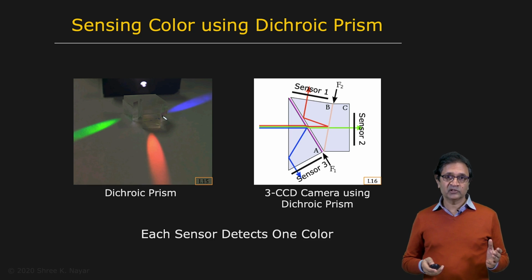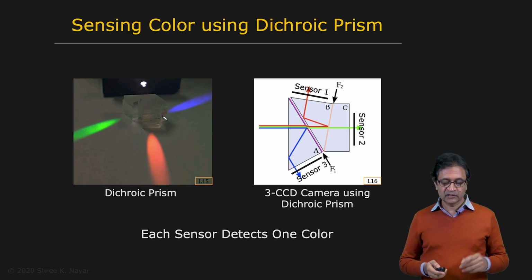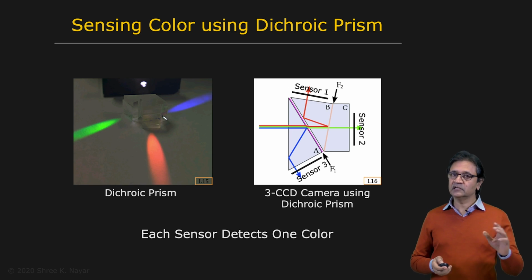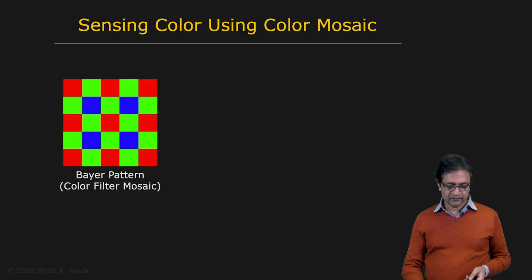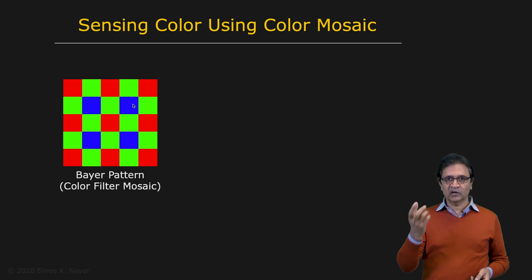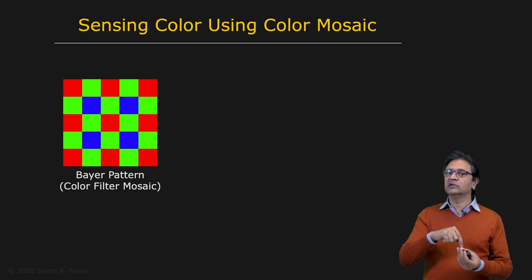It would be nice to be able to measure color using a single chip, just one sensor. And that's what's usually done, at least in consumer cameras. That's done using what's called a color mosaic. In this case, you see pixels, but you have different color filters in front of each pixel. These are the red pixels, and these are the green pixels, and the blue pixels. So any given pixel only measures one particular color, and at any location in the image you're only measuring one color, but you know that you have neighbors that measure the other colors.